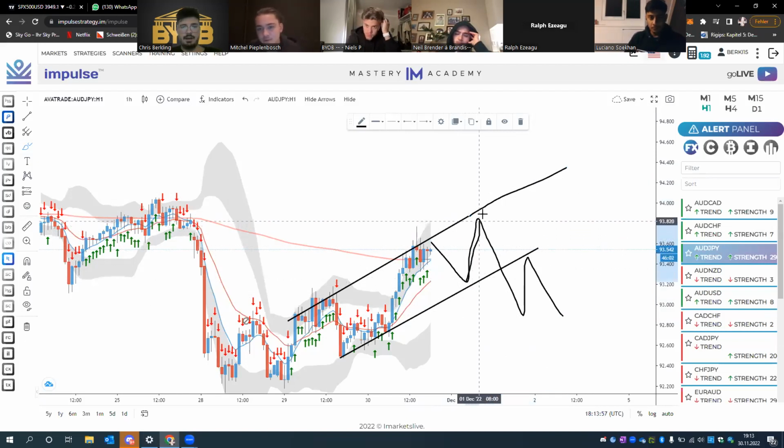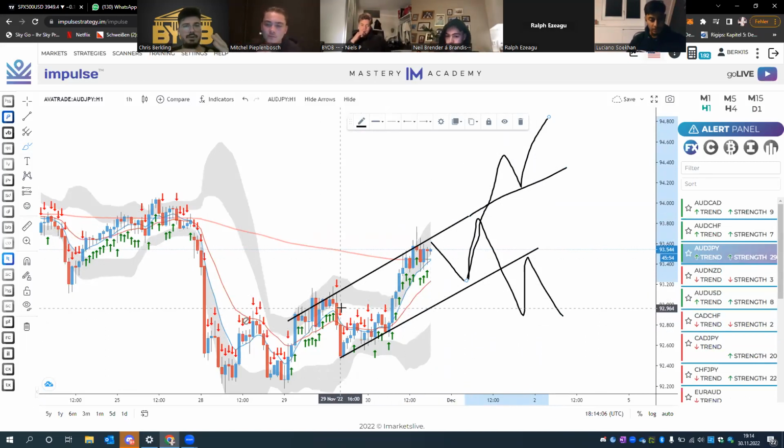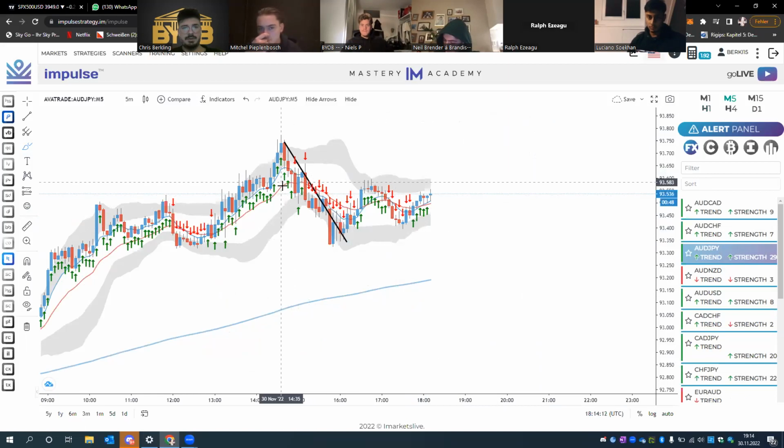No. Or it breaks above and then retests it. If you draw a big channel like this, obviously it takes some time until it breaks out, right? But let's go to a lower time frame.